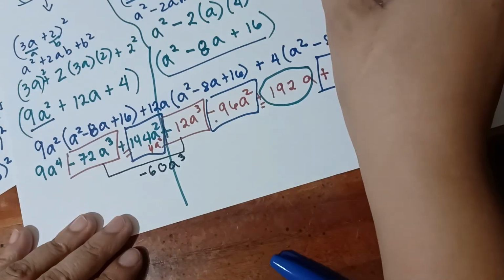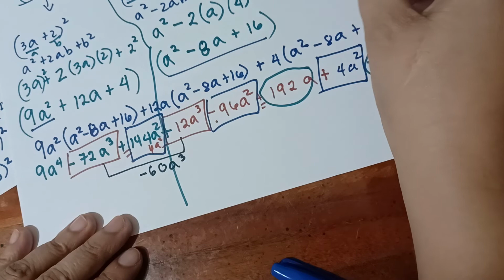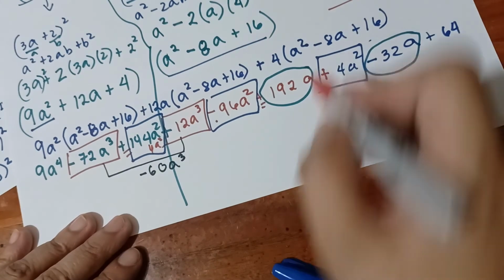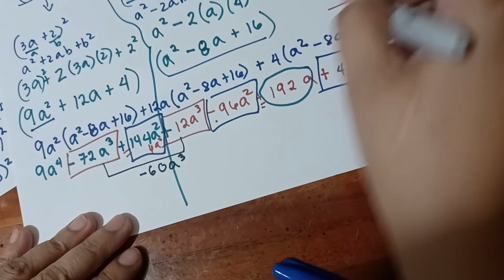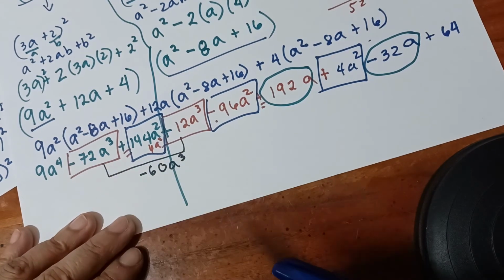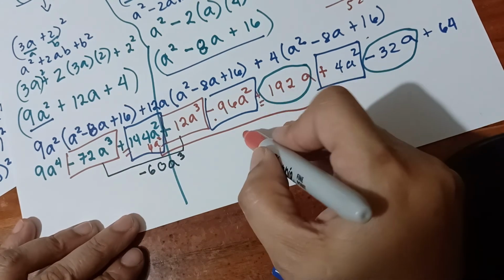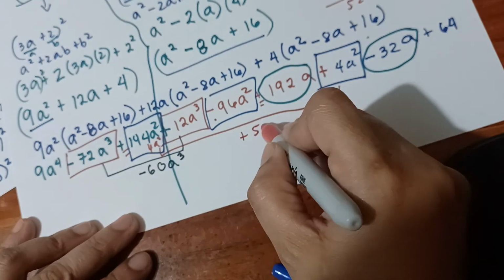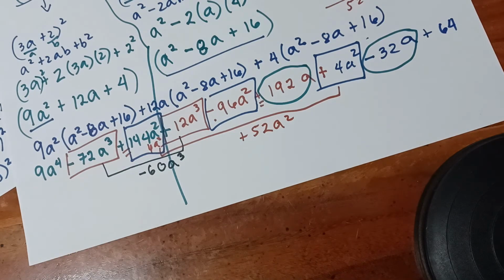So, 148a squared minus 96a squared. So, ano magiging sagot? That will be 2 and then that will be 52. So, ang magiging sagot diyan is what? Positive 52a squared.